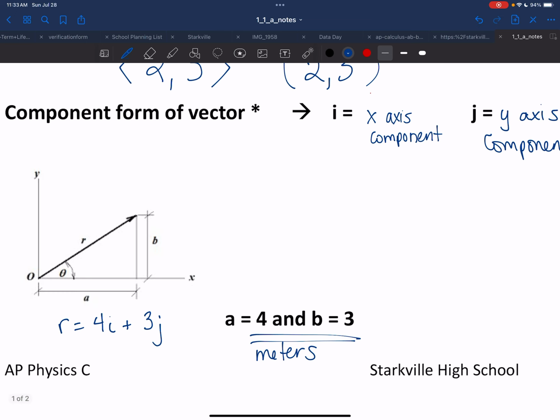So using my x and my y axis, that's what I've got. And again, I'm using this information to fill in the blank. Well, how do I find out what this r is? Take a look at that triangle. How would you solve it if this was geometry class? Absolutely. We would use the Pythagorean theorem.